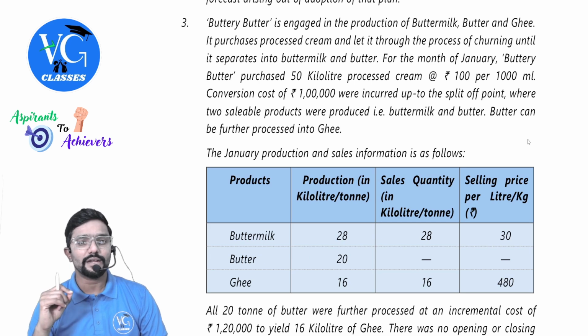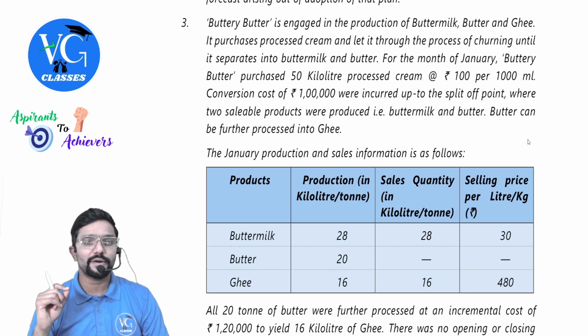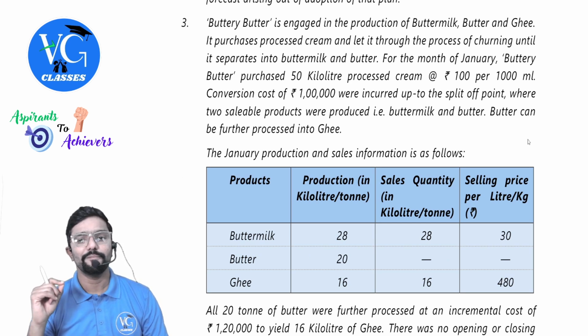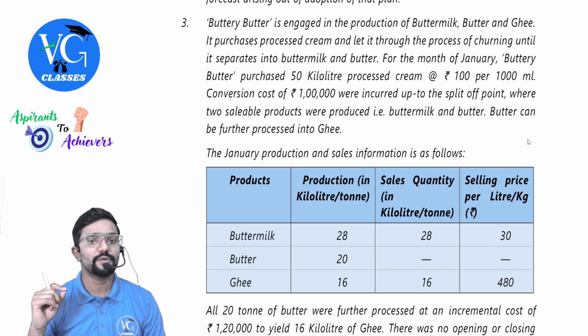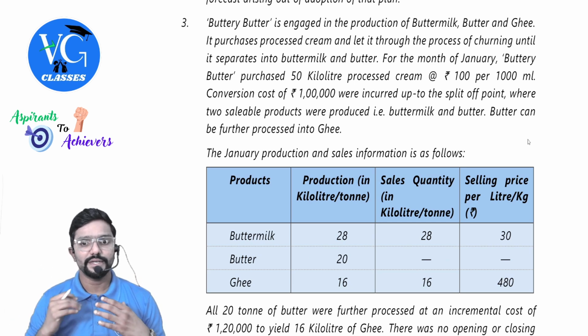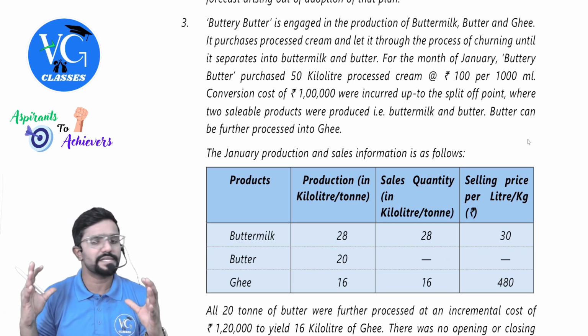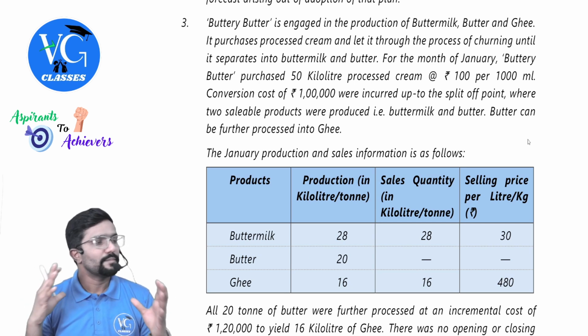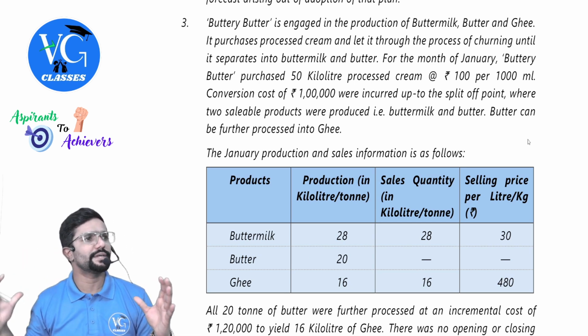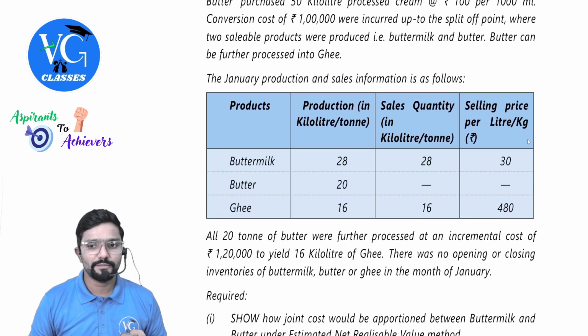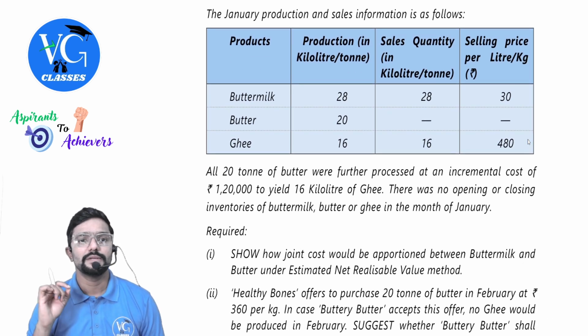Conversion cost is 1 lakh, incurred up to the split off point, where the two saleable products were produced, that is buttermilk and butter. Butter can be further processed into ghee. So we get two joint products, butter and buttermilk. Maybe some decision making might also be there.